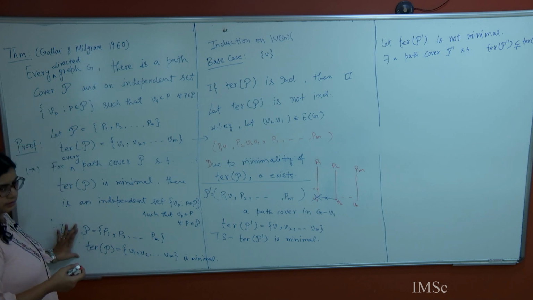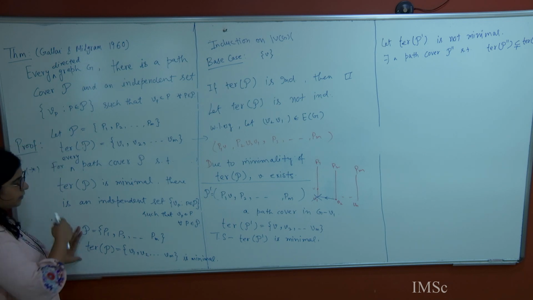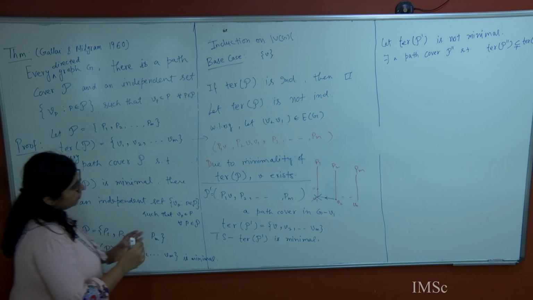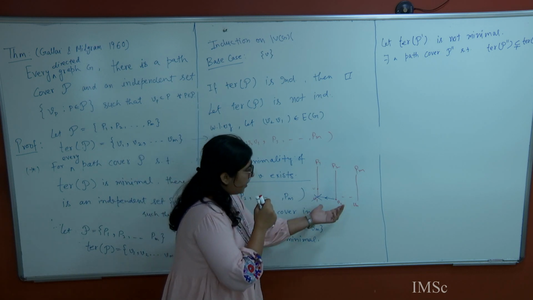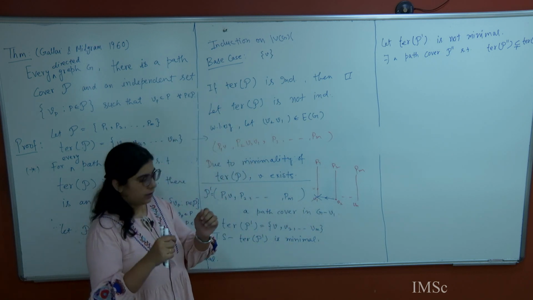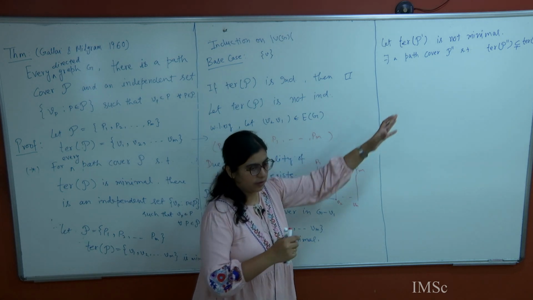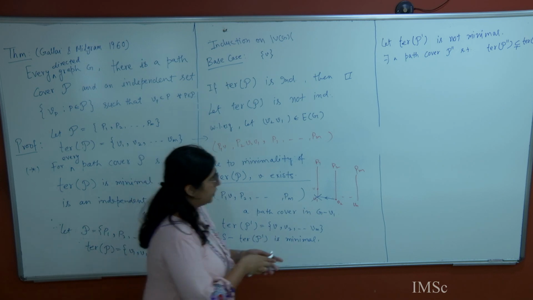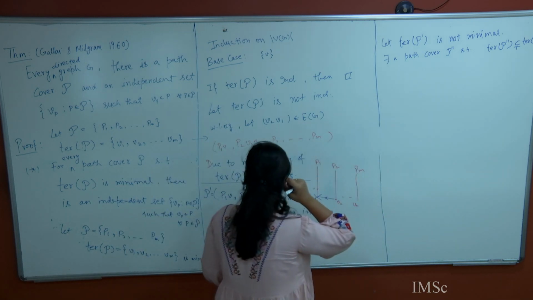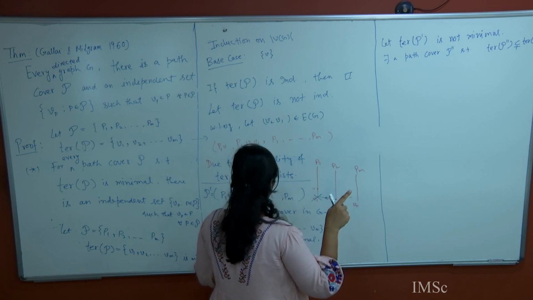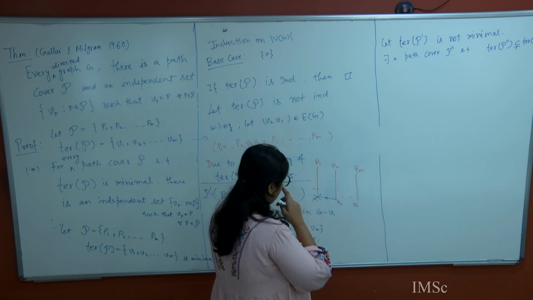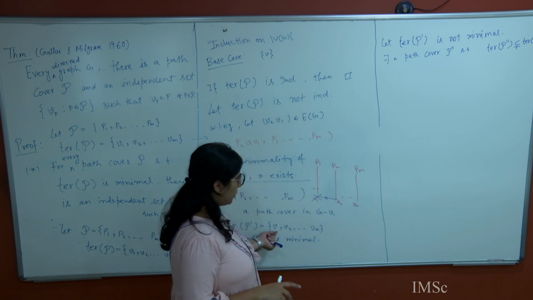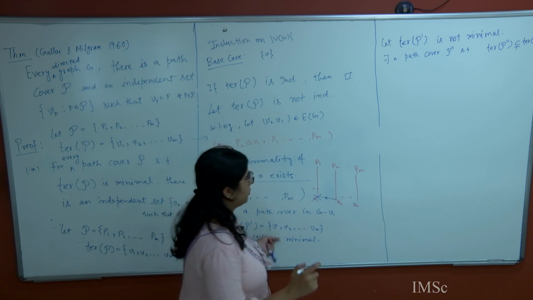We can use this path cover, because we know that we started with some path cover with minimal terminal set for G. That's why I want to look at V1 as well when I am looking at the path cover in G minus V1. So that's why I look for vertex V. Now I have a path cover with a terminal set which is a proper subset of this set. So let's see whether in that terminal set of P double prime, this vertex V exists or not.